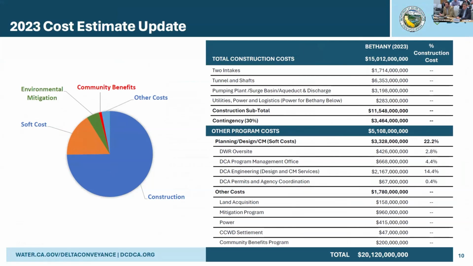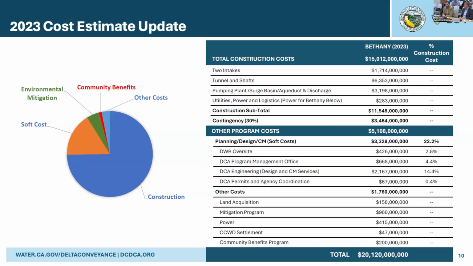So the effects of inflation are real, but in terms of the level of additional detail, we've included a number of new elements in this project. We've included the community benefits program, a number of other aspects of the project, and much higher costs associated with mitigation. But we've been able to really sharpen our pencil on the labor costs that we anticipate.